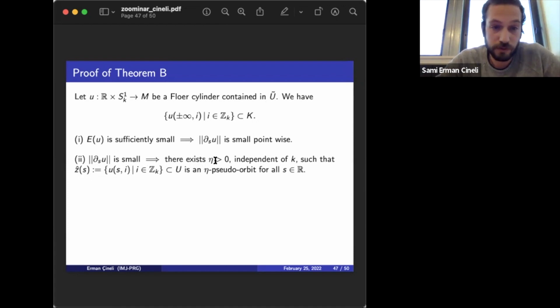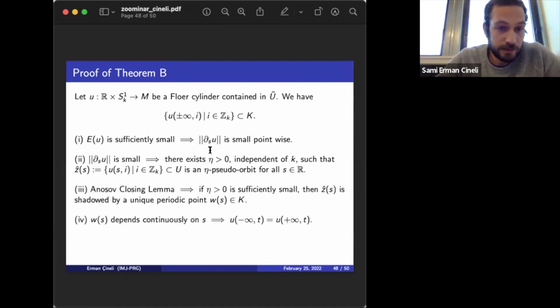For this, we are using the Floer equation. Next, we apply the closing lemma. If eta is sufficiently small, then this z hat s is shadowed by a unique periodic orbit in K.